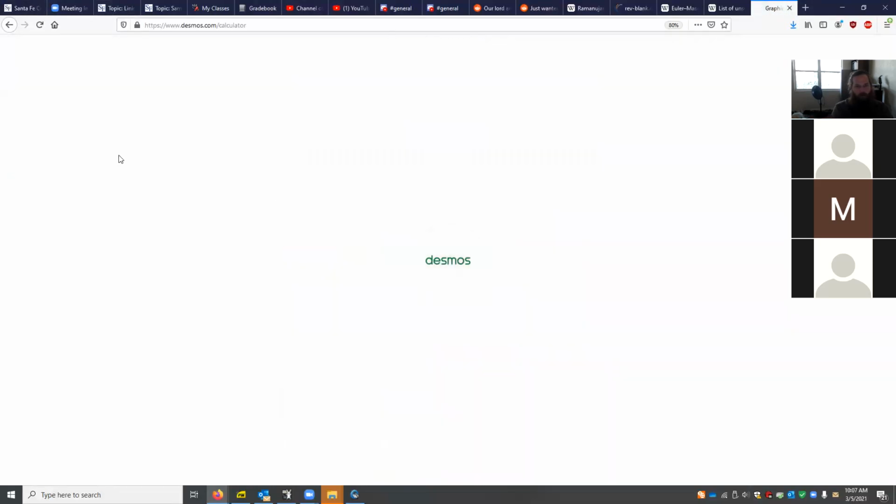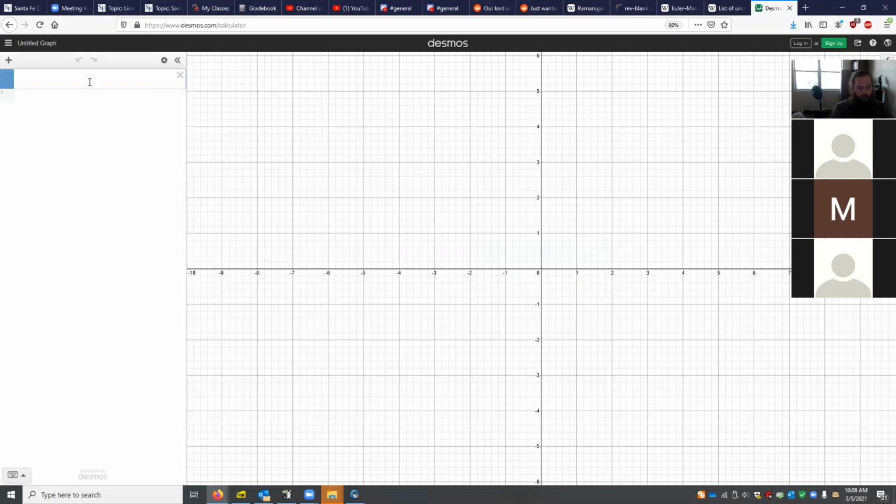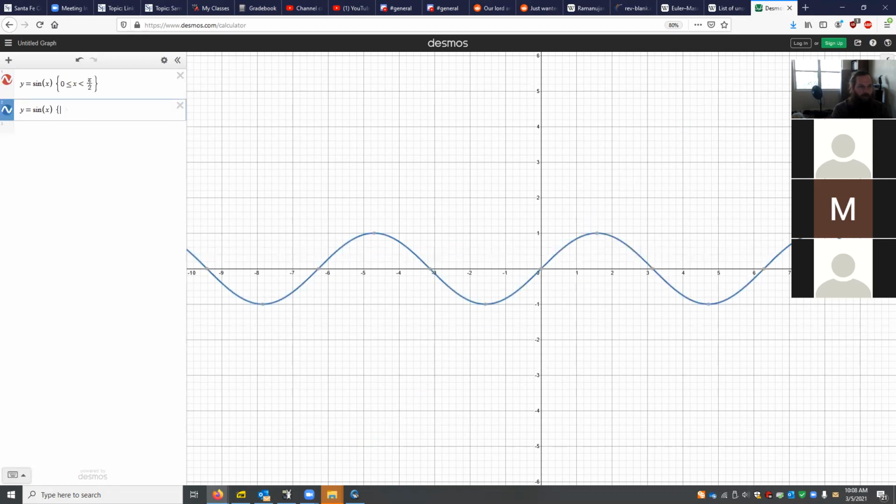So the difference between that function with the closed endpoint and the open endpoint is just at the endpoint, and you really can't see it, right?